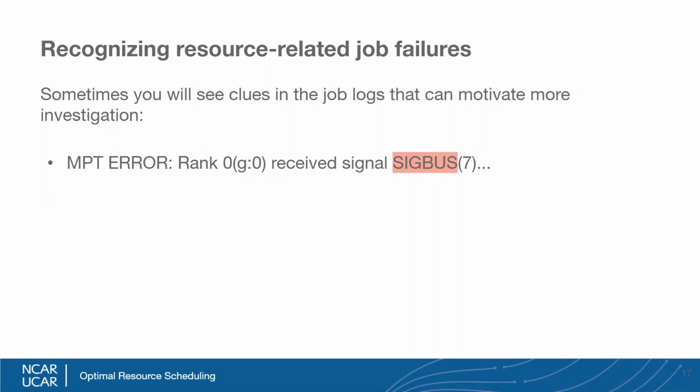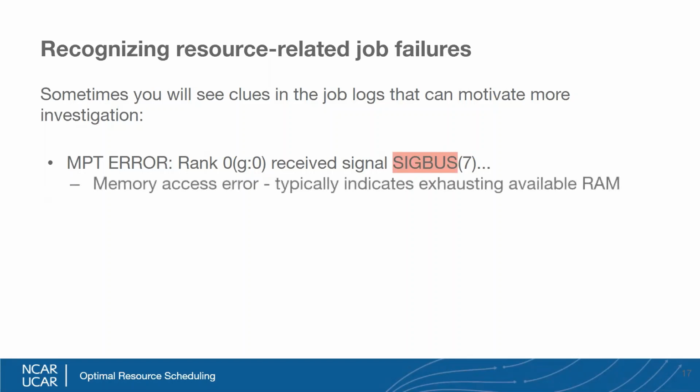This is a bus error, basically a memory access error, and most often it indicates that you've exhausted the available RAM on the node. And you just need to allocate more memory to your job, either by using more nodes or on Casper by doing a large memory request. You could, in theory, get a bus error because there's actually a hardware issue, but that's rare. It's typically the configuration of the job.